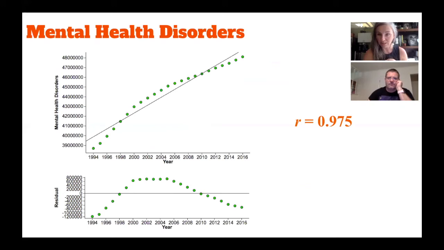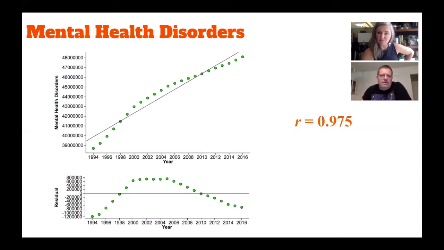And this is super scary in a lot of ways. Mental health is always a huge conversation, but it's especially a huge conversation right now. So what I did is I grabbed the number of mental health disorders from 94 to 2016, and I threw them on a graph, and I made the residual plot and gave you an R value.